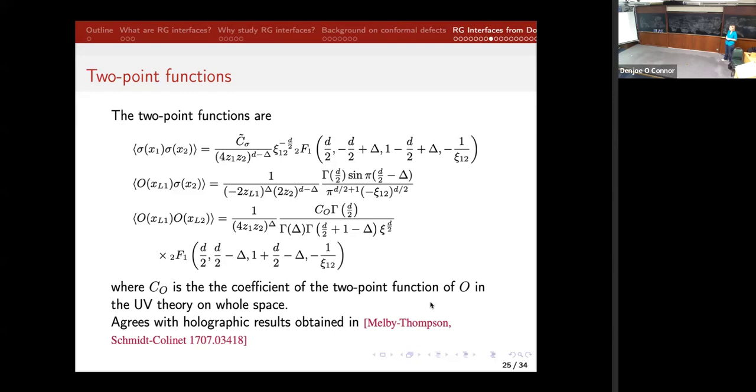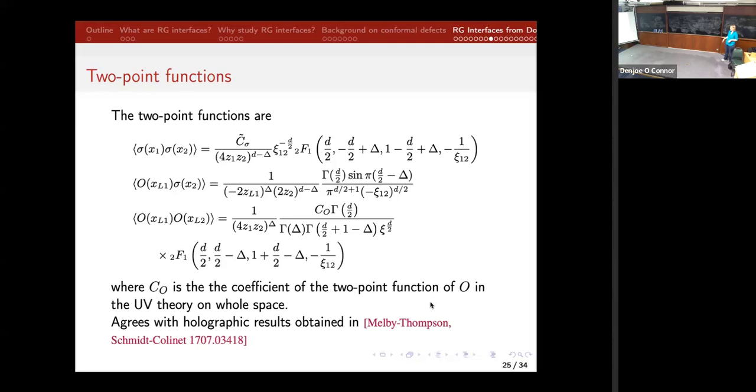Sorry, I have a very silly question. If we're doing conformal field theory, why do we have 2-point operators? What do you mean, 2-point operators, like 2-point functions? Because this isn't a conformal field theory, it's a boundary conformal field theory.